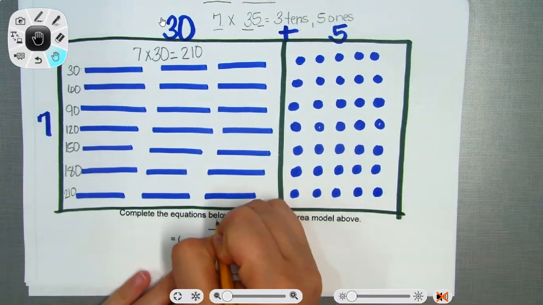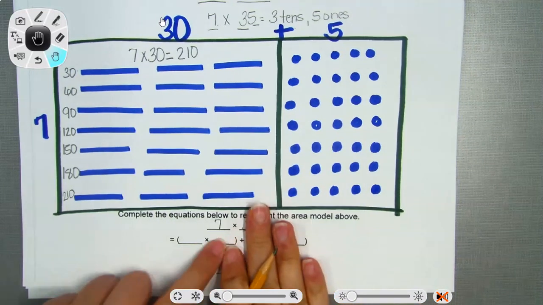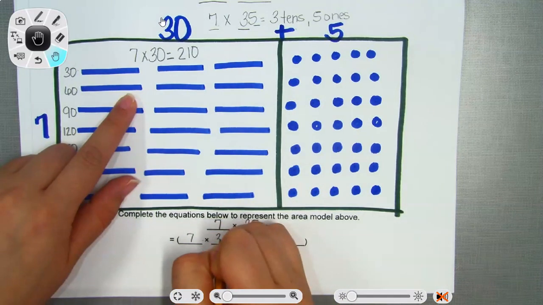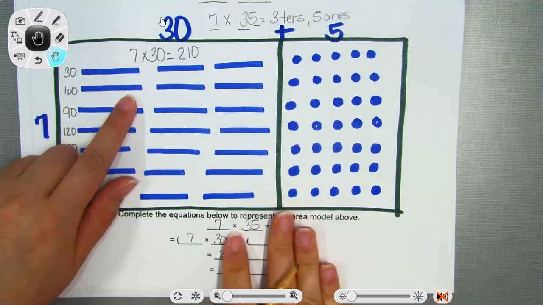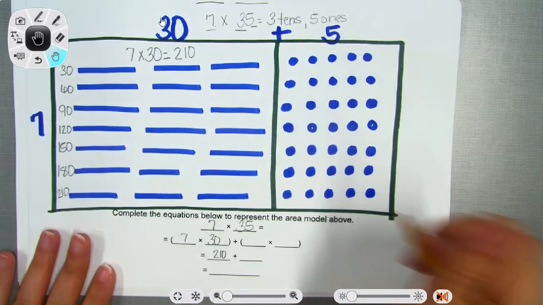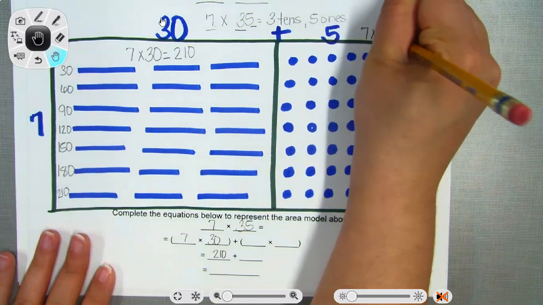So we know that we're going to do 7 times 35. We know that we are multiplying the tens first. So 7 times 30. And that gave us 210. Okay, now let's do the ones. I have 7 rows of 5. So I'm going to do 7 times 5.